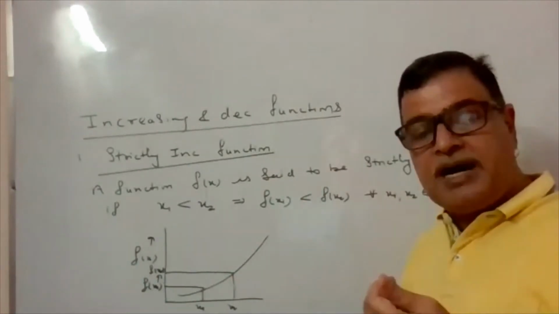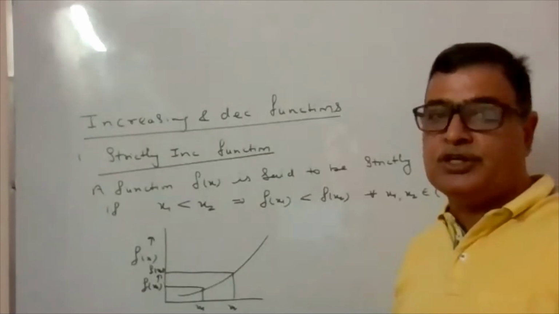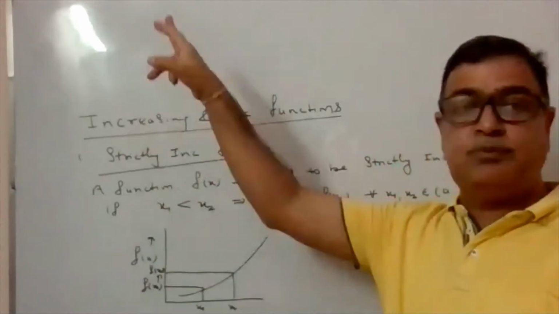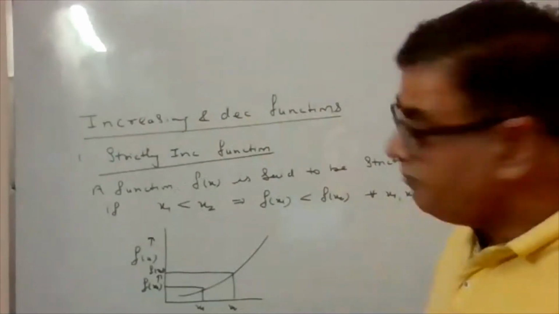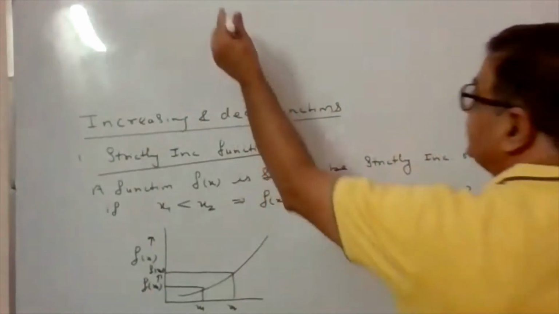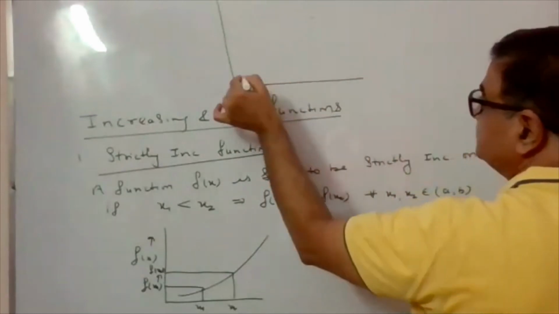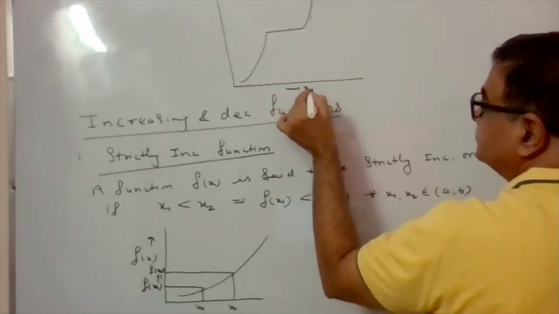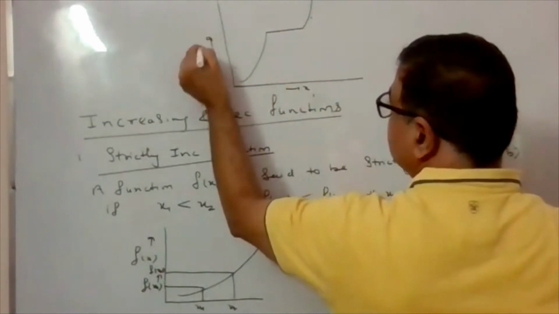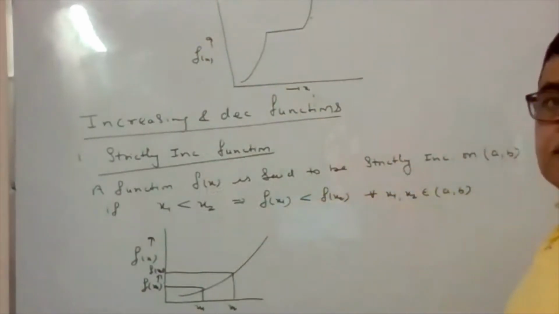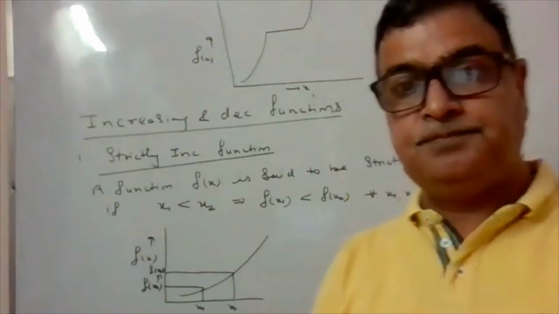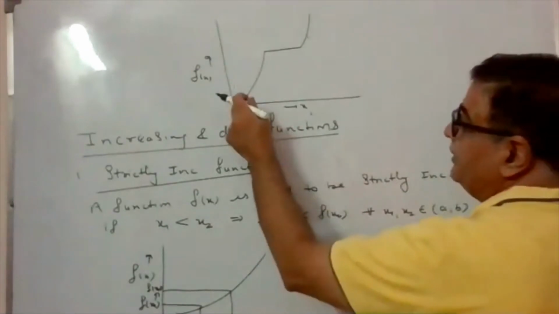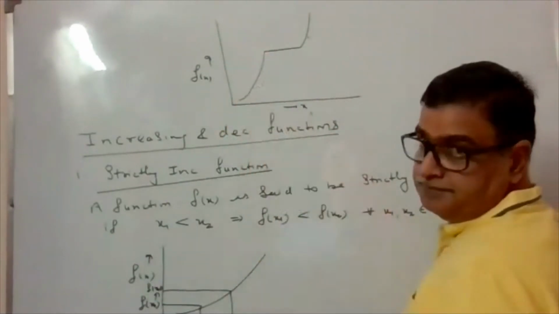Strictly increasing means by increase in x, the function should increase, or f(x) value should increase. So if x is increasing, at the same time f(x) should also increase. By the way, the curve comes like this. In this curve you will find that in this interval it is increasing.